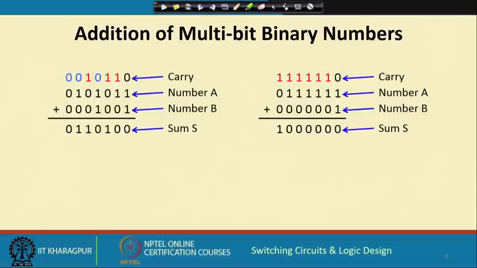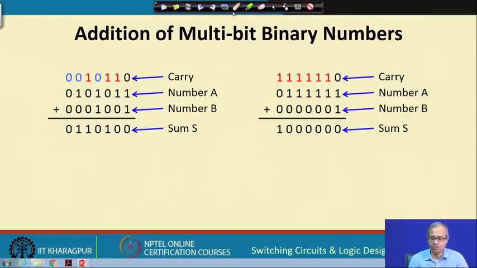Now, from here let us talk about how you can add multiple bits, multi-bit numbers. This we have already discussed earlier, let us look at it once more. Suppose I have a number A, I have a number B, these are the examples I have taken, these are 7-bit numbers. So, I am adding 1 and 1, sum is 0 with a carry of 1.